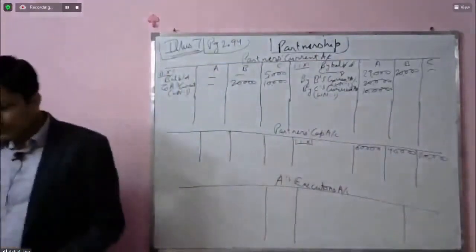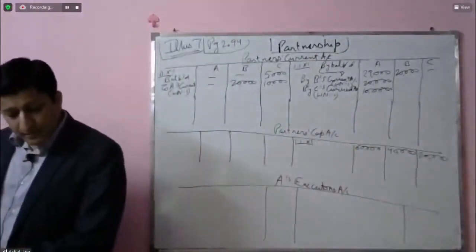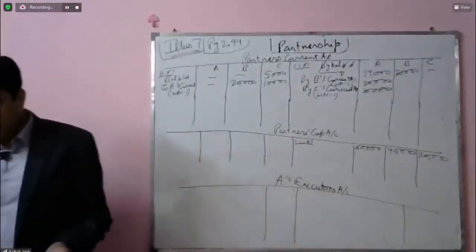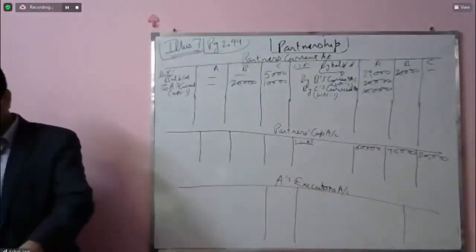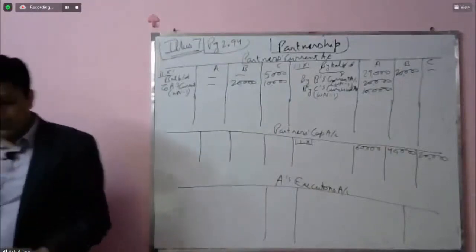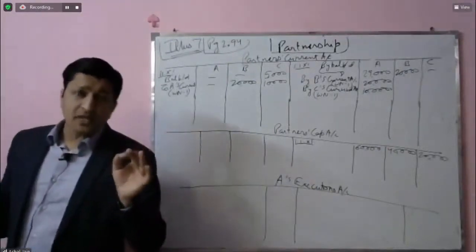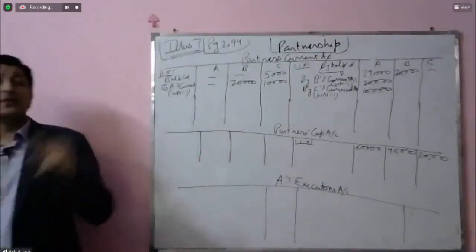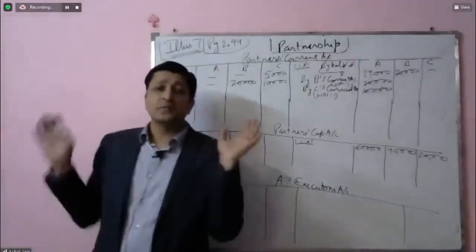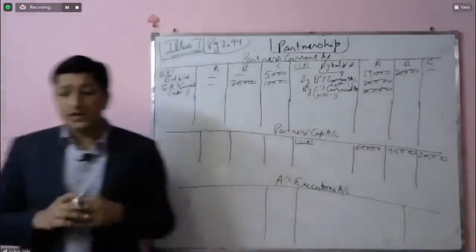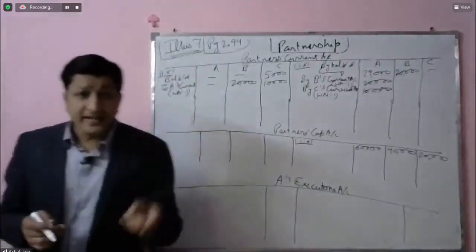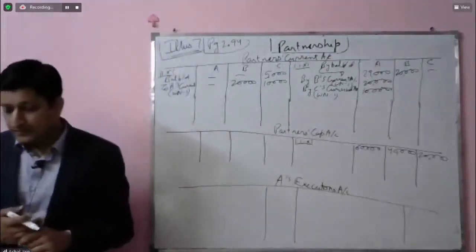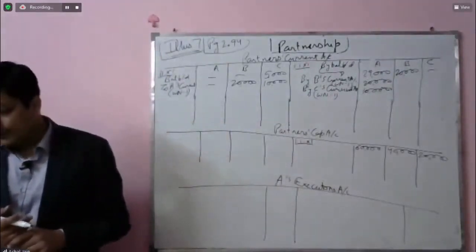Okay. Now moving on to the next adjustment is about revaluation. Now for revaluation, once again, we should go to the working note number 2. 36,000 is the revaluation gain, which will get allocated to A, B, and C in their profit sharing ratio. Look at the working note number 2. 18, 12, and 6 will get allocated to A, B, C. Yeah.